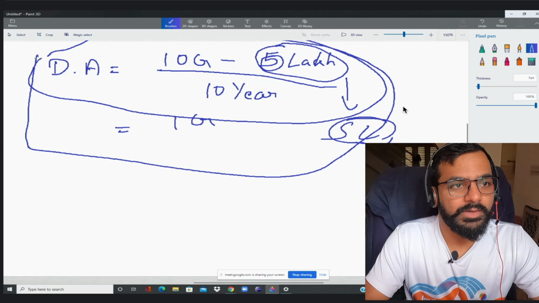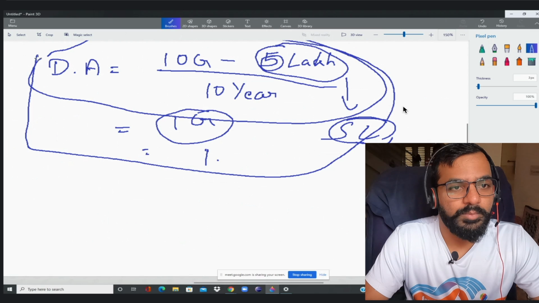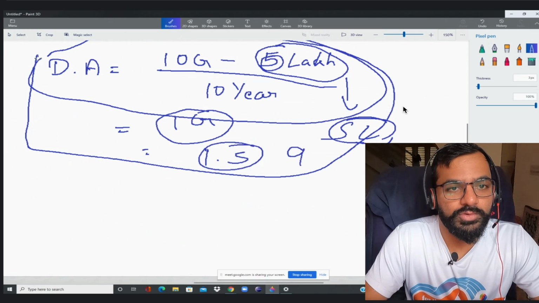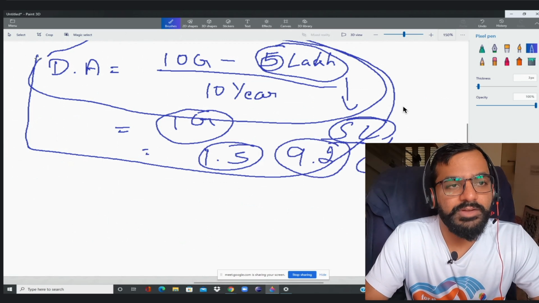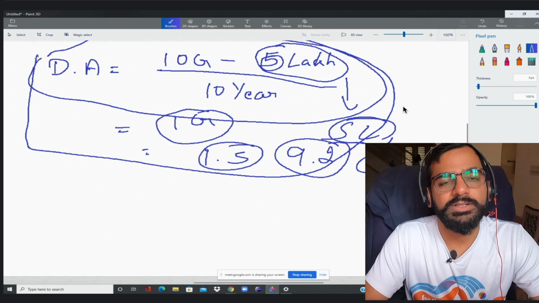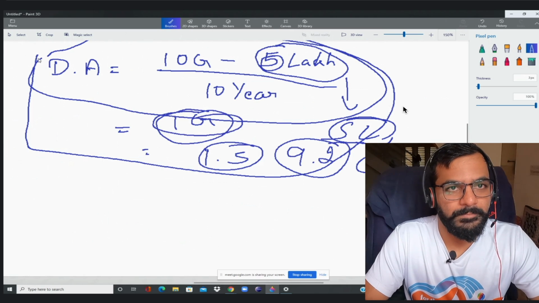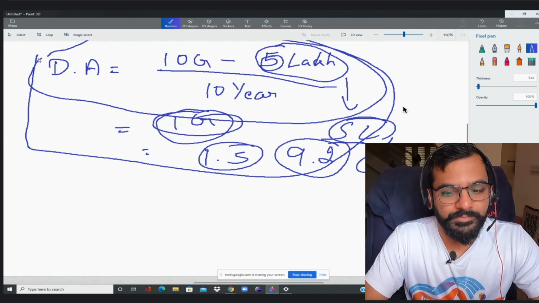For example, after 1.5 years Akshay can sell it for 1.2 crores, depending on the demand, but the average decreasing value will still be this. Clear?